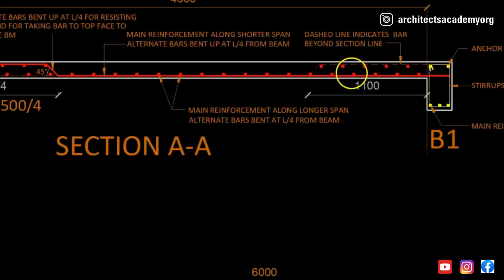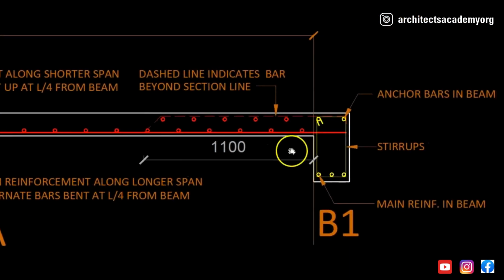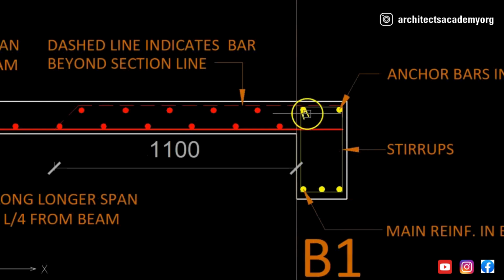So this is the reinforcement along the longer direction. We'll also see the reinforcement inside the beam, similar to what we had seen in the one-way slab. There are 2 anchor bars at the top, 3 main bars at the bottom, and they are connected by rings called stirrups.